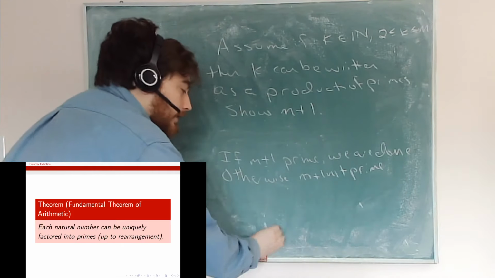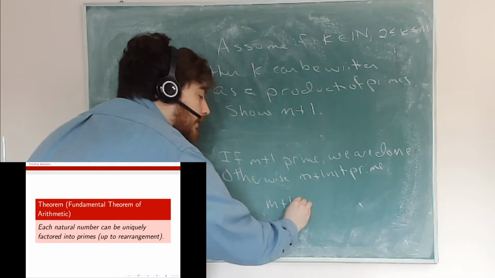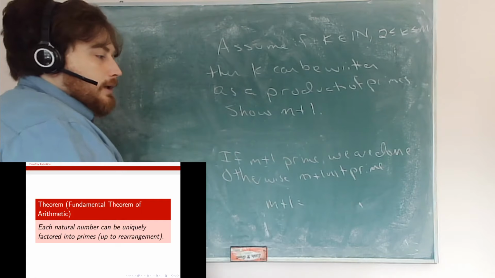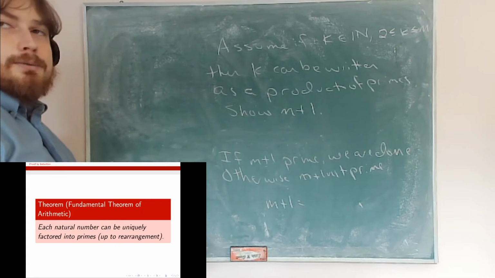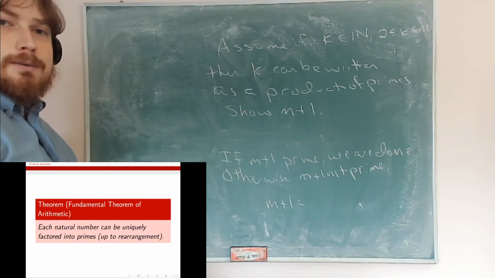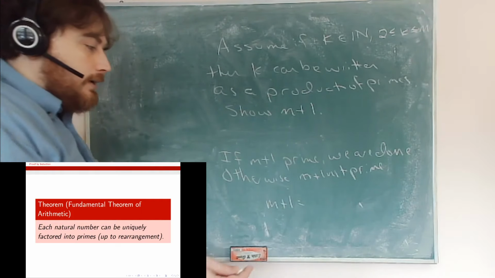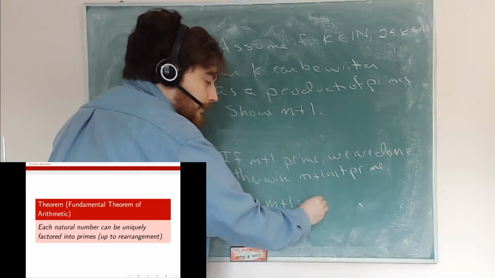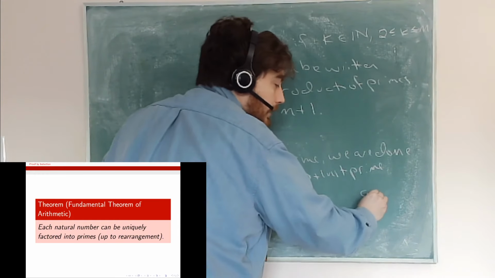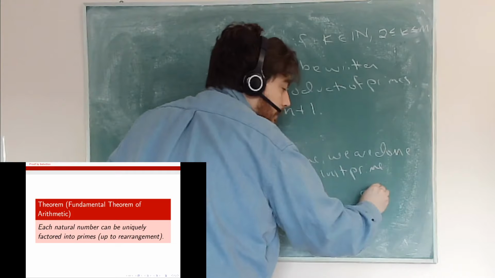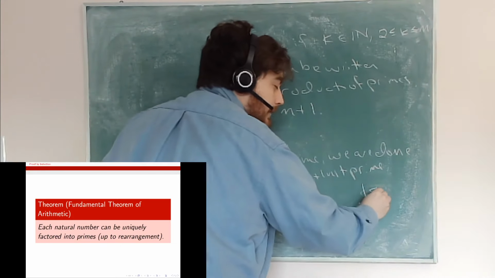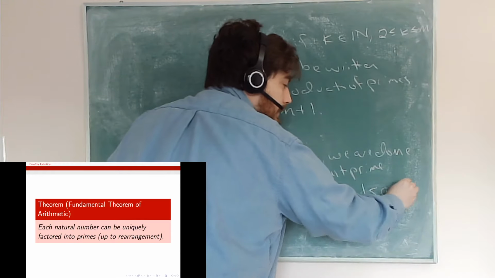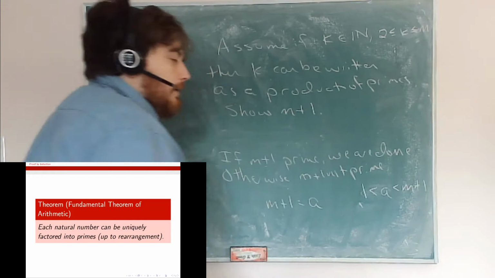So therefore, m plus 1 is not prime. Because it's not prime, it means that it has a factor other than 1 and itself. So let's call that factor a. So this is divisible by a for a strictly greater than 1. And we can be more precise: 1 is less than a is less than m plus 1.